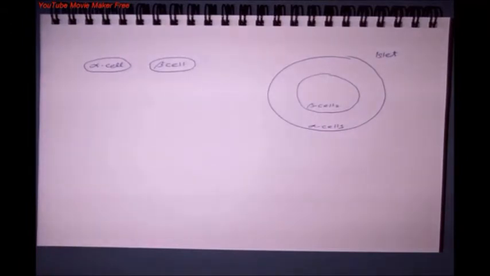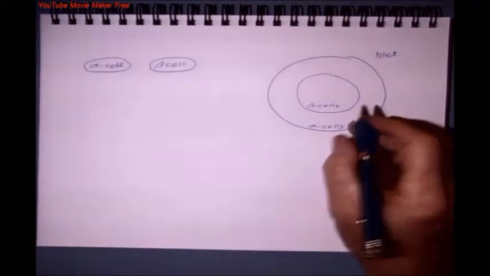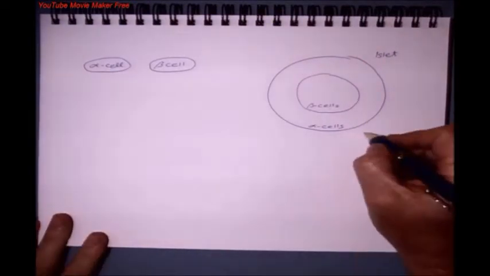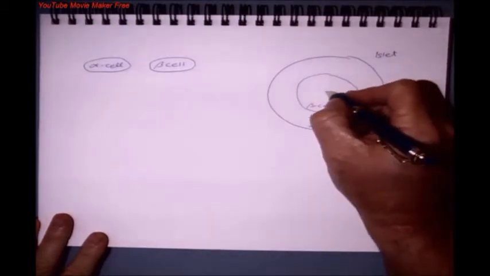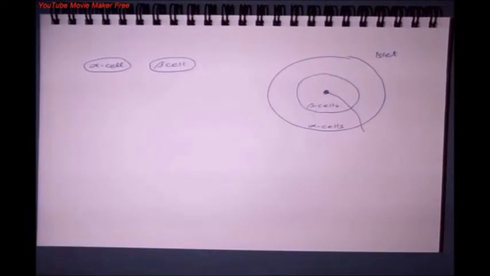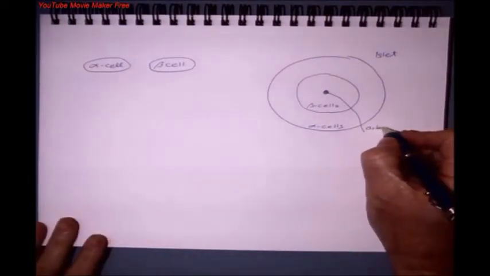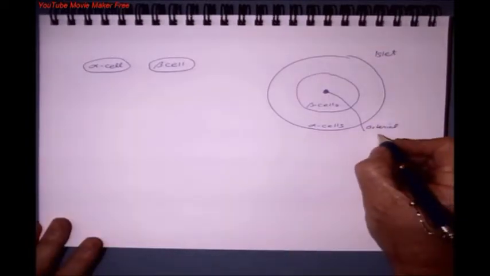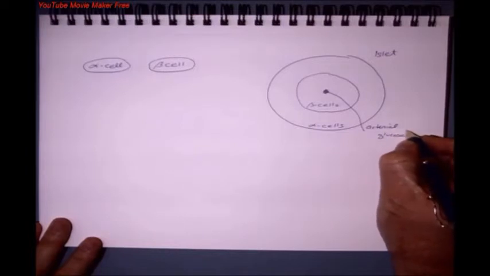Now, here's where this gets really cool. The artery that is delivering blood to the islet is going to be emptying right here in the center, the core of the beta cells. So this is arterial supply, and arterial supply, of course, is going to have the glucose in it.